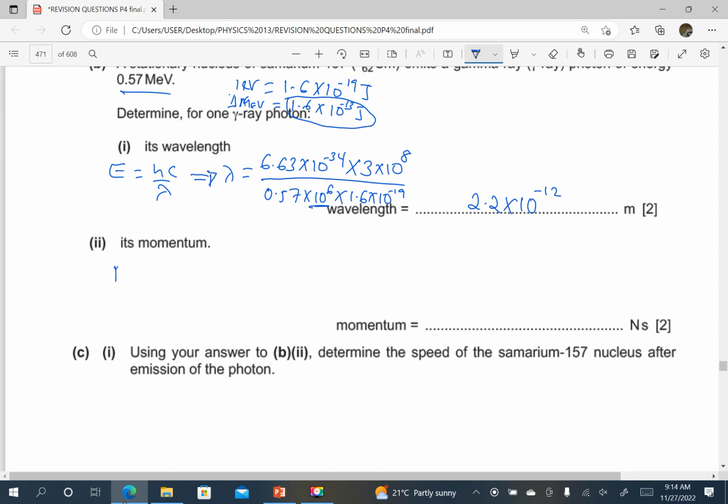we know that momentum is equal to h over lambda, or momentum is equal to the energy over c according to Albert Einstein.